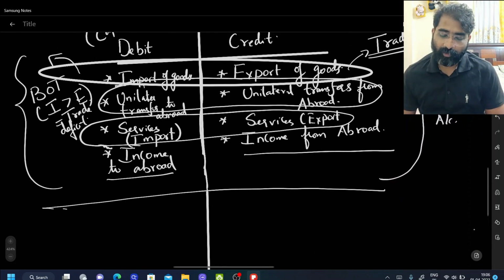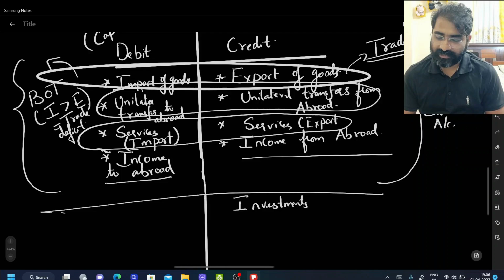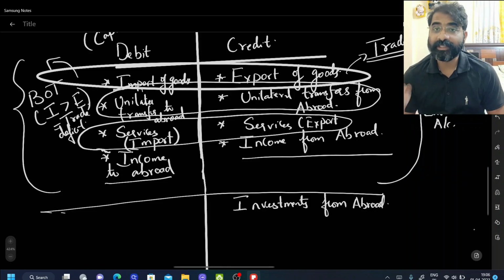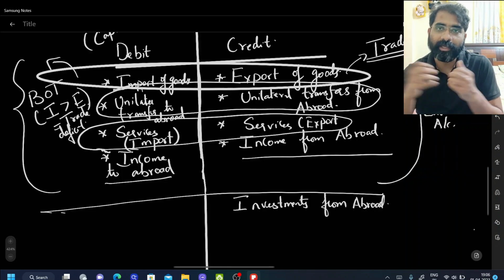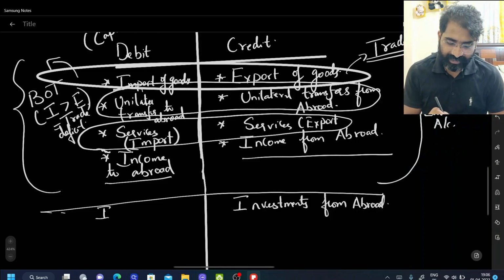Here one more important understanding is in the credit inflow. It will be something like investments from abroad, money is moving in, investment is coming into the account. Obviously on the debit side we will have investments to abroad.